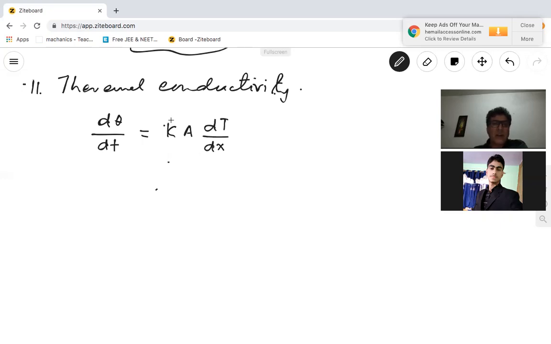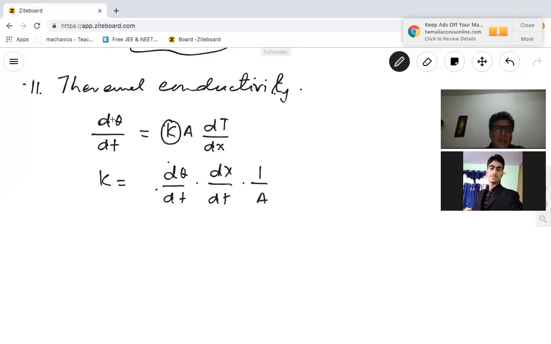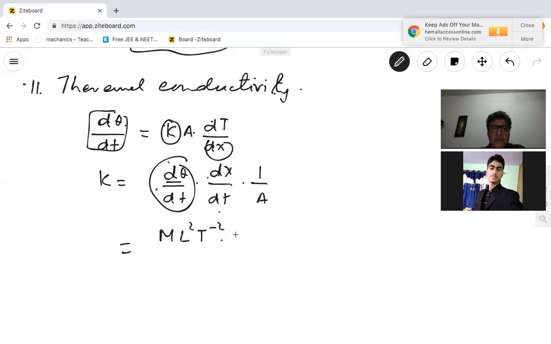Okay, I have to find K. Now K is dQ by dt into dx by dT, by A. dx goes up, dT comes down, and A comes down. So dQ is heat flow, that's nothing but energy, M L2 T minus 2. dx is nothing but L, and this dt is nothing but time.